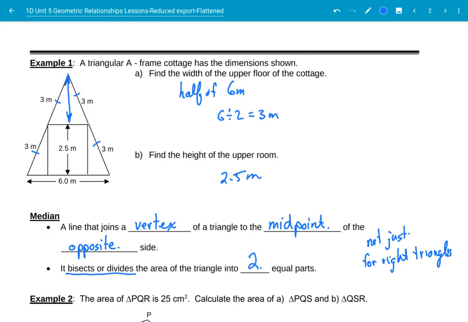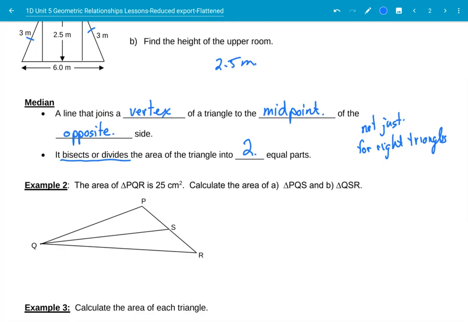Okay. Example 2, the area of PQR, P to Q to R, is 25 centimeters. Calculate the area of PQS and SQR. Now, the assumption is that, and what they have missing from this diagram is that these two are the same. So S is a midpoint.